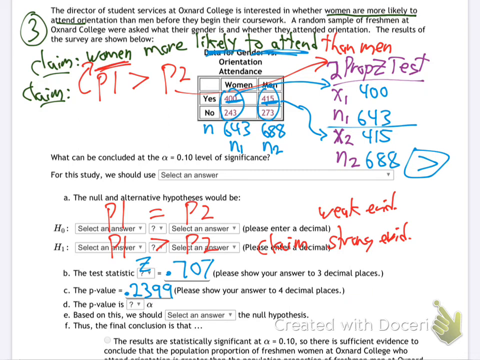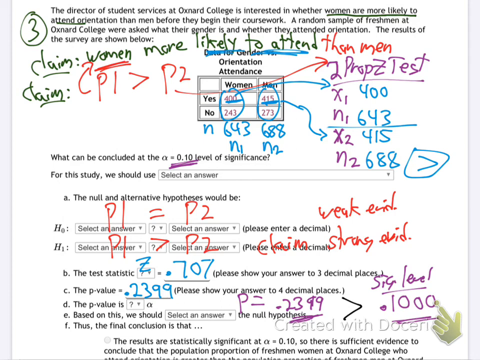The p-value, 0.2399, and the significance level is right there, 0.10. I'll add a couple zeros so they're more comparable. So which one's bigger? Yeah, the P's quite a bit bigger. So is that P low? No, that P's not low. That P is definitely not low.